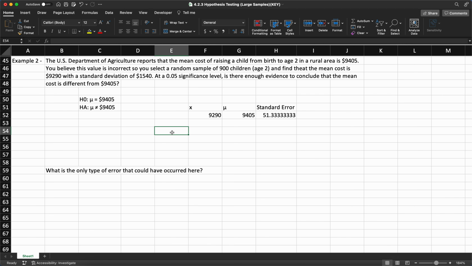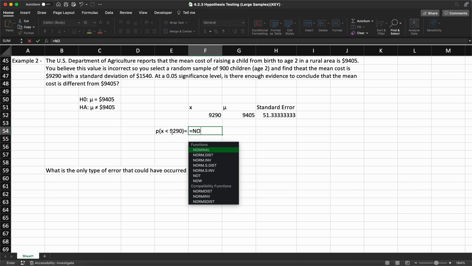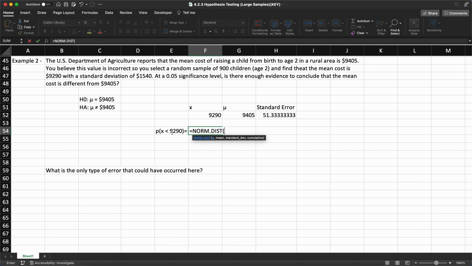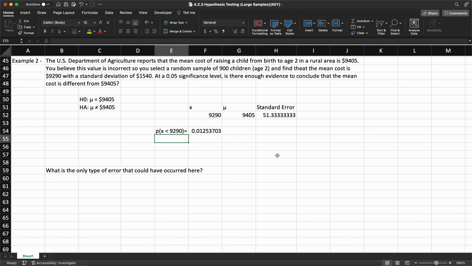What's the probability that I'm less than 9,290 if my regular population has a mean of 9,405 and this standard deviation, what's the probability that I would be outside of that range? Just to the left side. I know that sounds like a one-tailed, but just to the left side, I get a probability of 0.125370 blah blah blah.